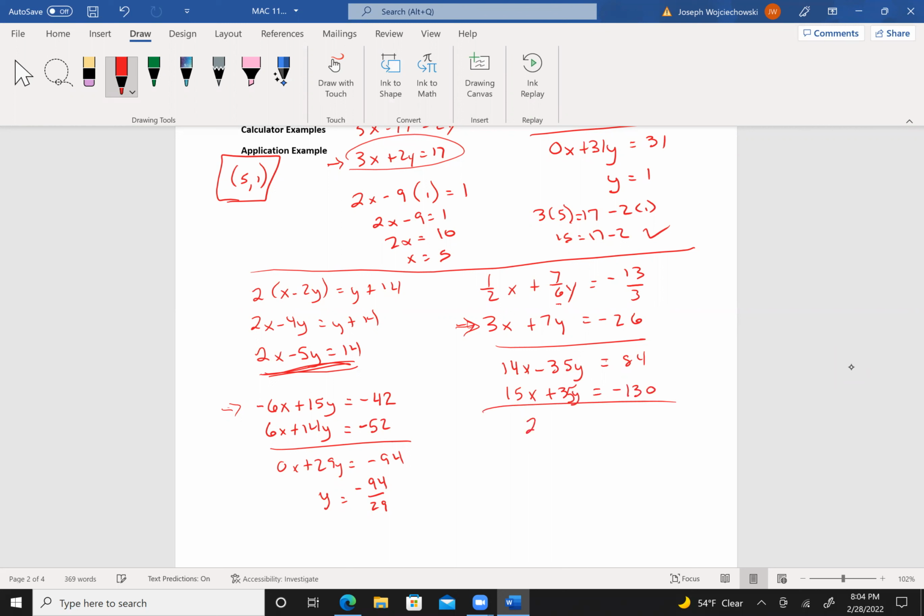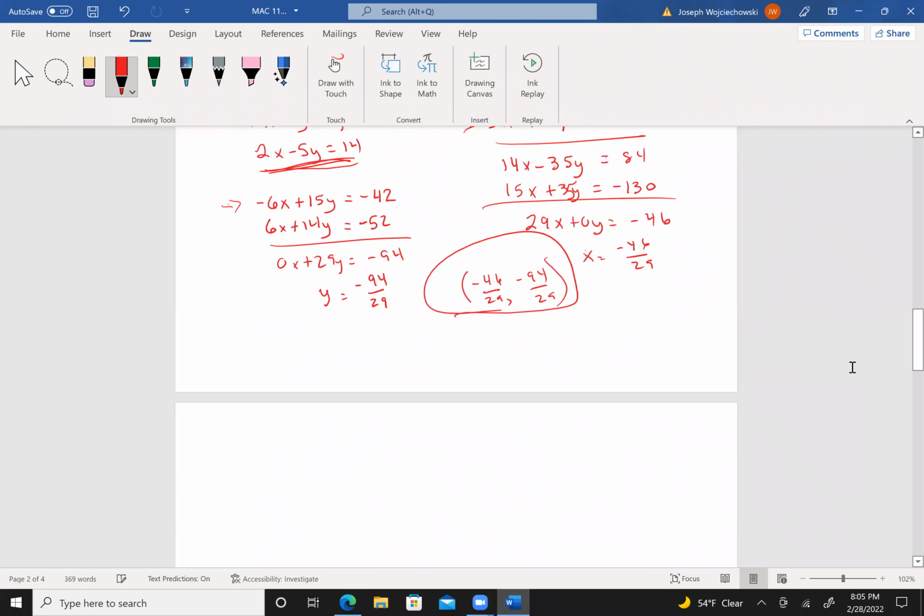So I'd end up with 29x plus 0y equals negative 46. So x equals negative 46 over 29. Again, not pretty. So that would be one that I would check the answers at the end, definitely. Not while I still had more problems to take.